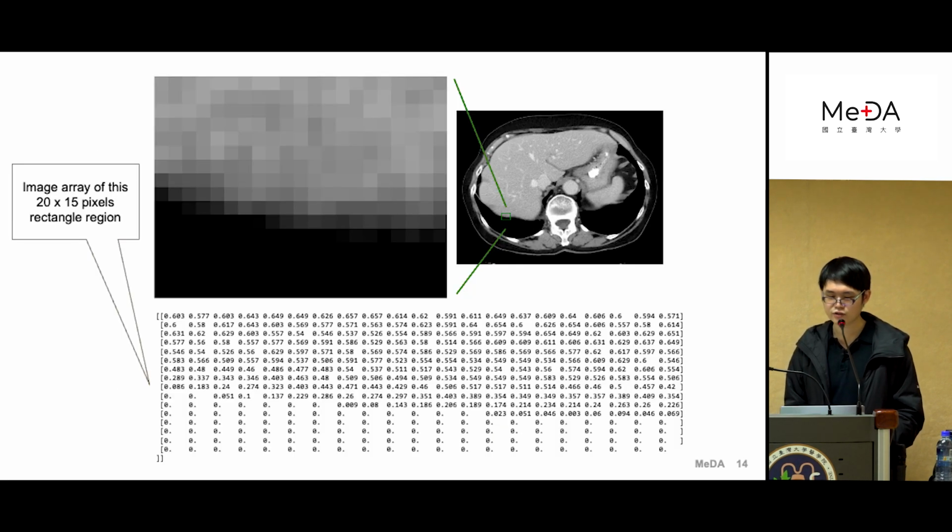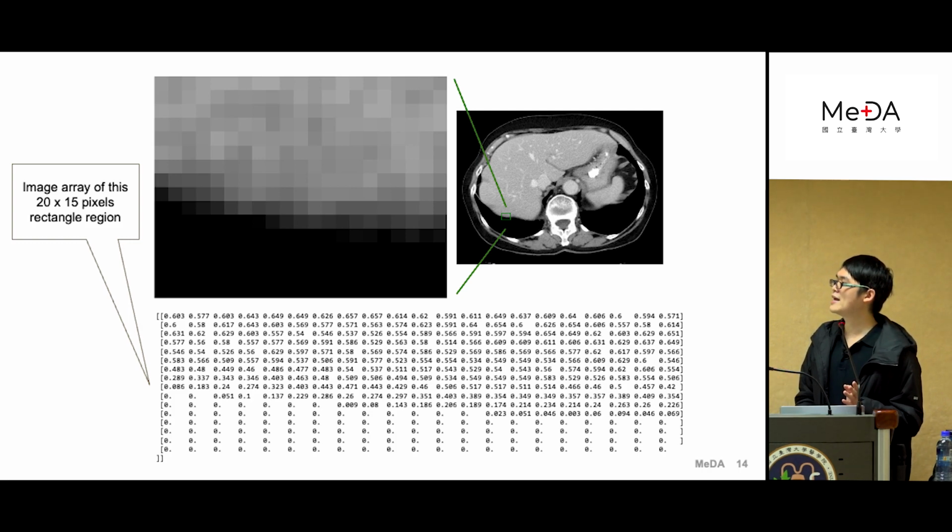Actually, this small 20 by 15 pixel rectangular region is represented by this two-dimensional array. So you can imagine the whole image is represented by a huge array of these kinds of values.